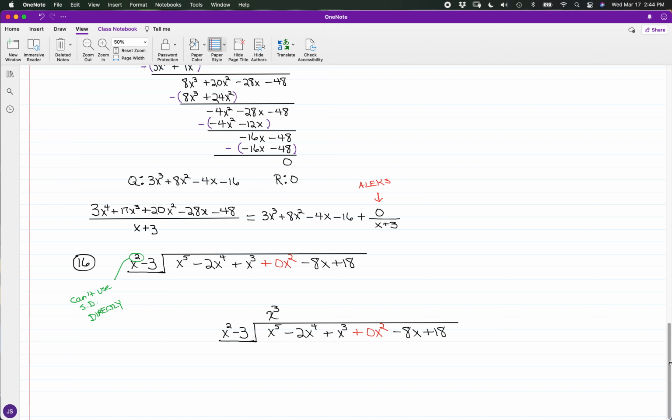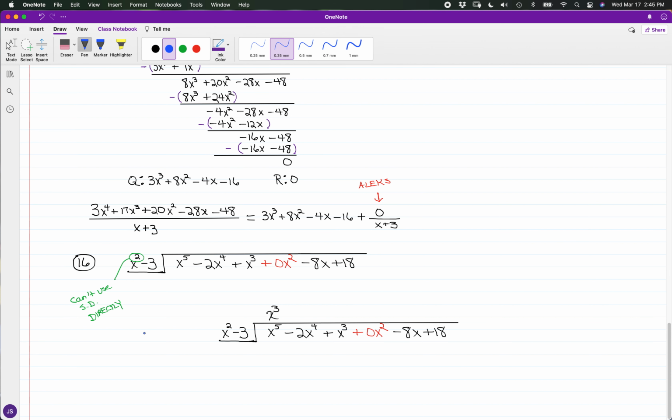Just taking some of the work to the side here, and going back to this, because there are going to be some terms skipped in the lineup. So if I take x cubed over x squared minus 3, we have x to the 5th minus 3x cubed.